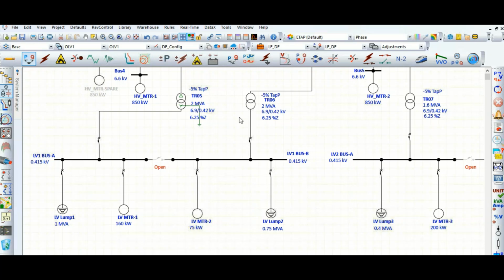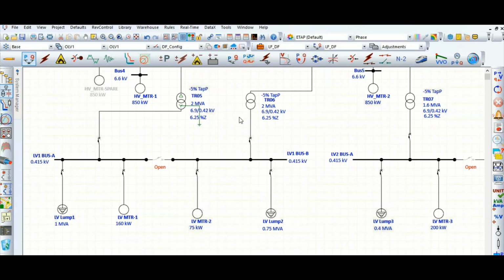So what are the main components that contribute short circuit fault? These are generators and motors. Once again, generators and motors connected to the power system network contribute the highest possible short circuit fault current to the power system network.